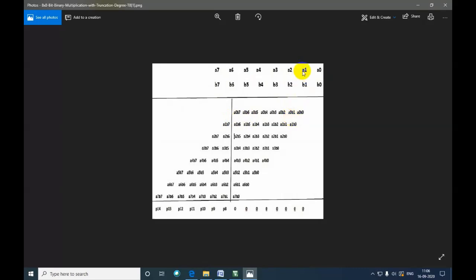Next step, A1 with all of B0 to B7. It is written and shifted. Likewise, we keep on writing all the intermediate products.